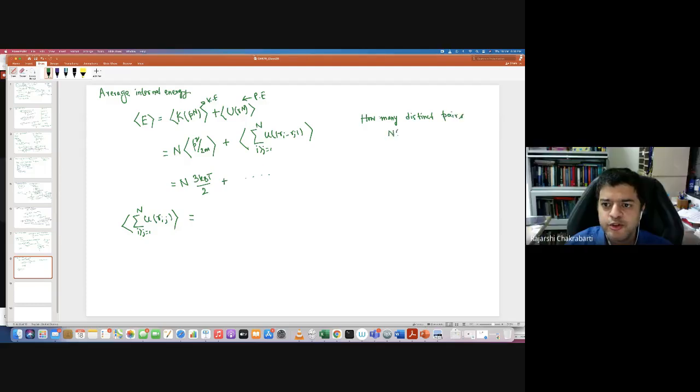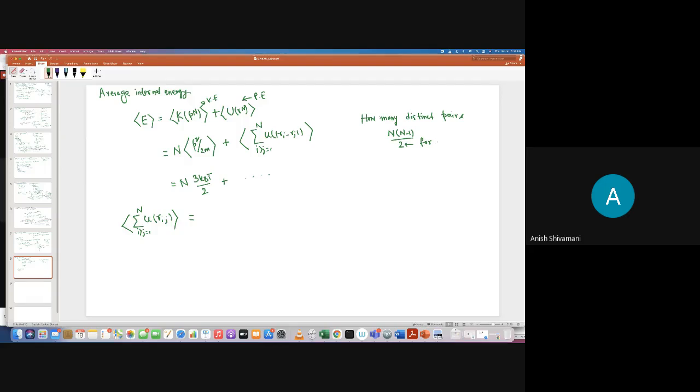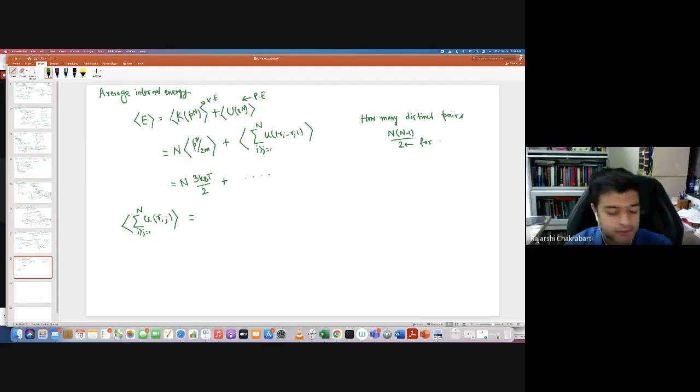Actually, it should be n into n minus 1. But I divide by 2. Why? For i,j and j,i, you should not do double counting. For not to have double counting, no?